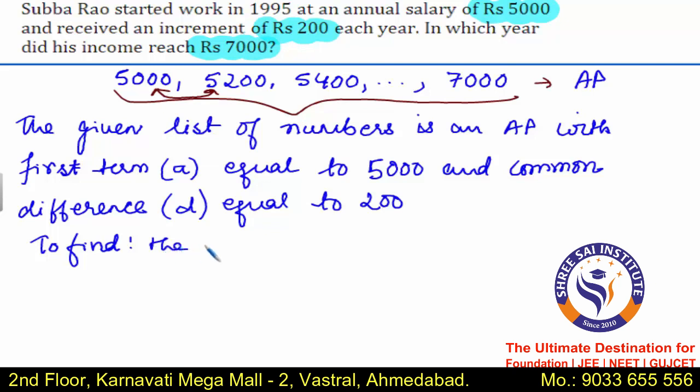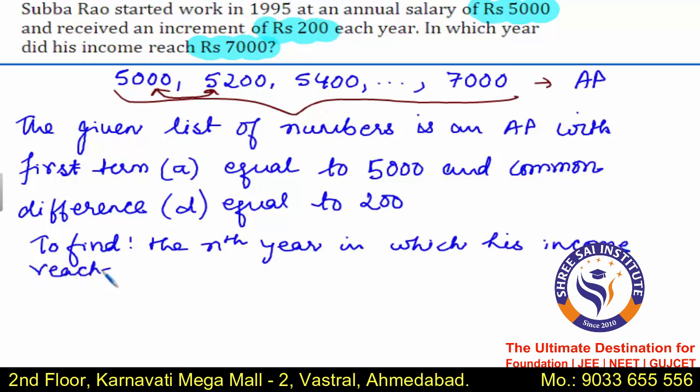We have to find the nth year in which his income reached rupees 7,000.